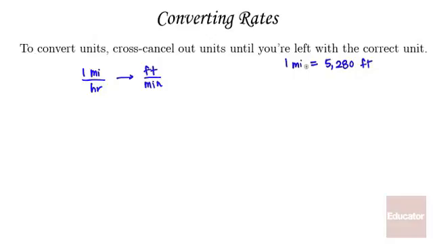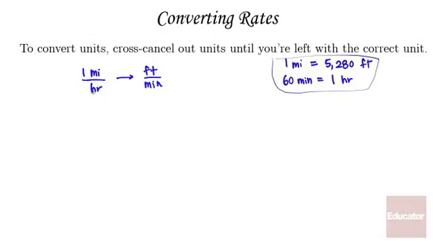So this and this are the same. And the same thing for hours and minutes. I know that 60 minutes equals 1 hour, right? So if it helps, write this on the side. You're going to use this to help you convert rates.